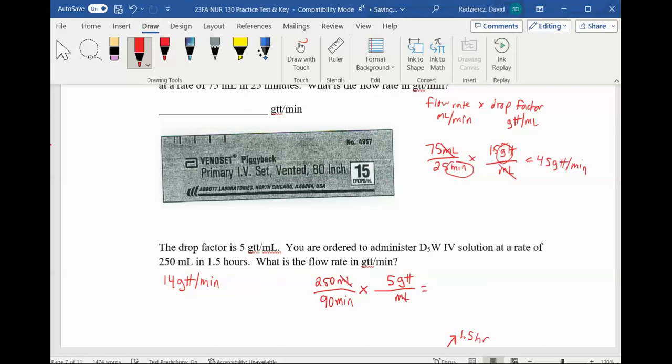And when I do that, I'm going to get 13.8, and it's just repeating 8. We can't give somebody a 0.8 of a drop. So I'm going to round it to the nearest whole drop of 14 drops per minute.